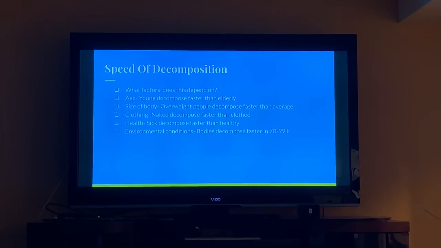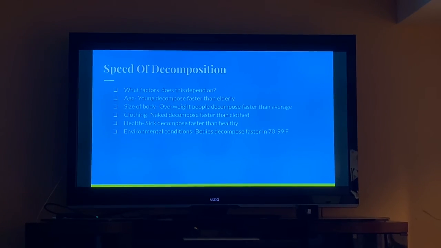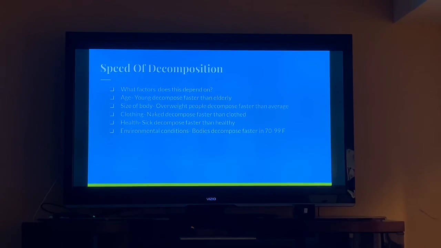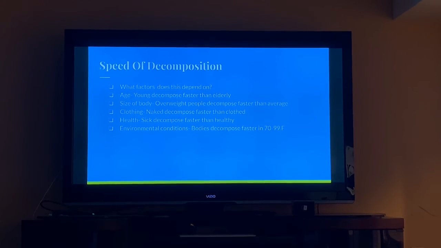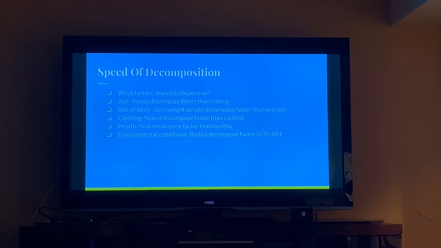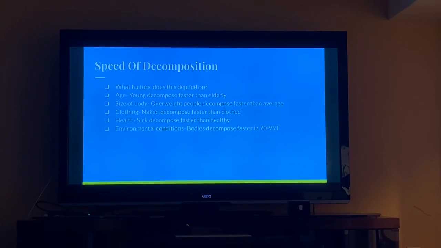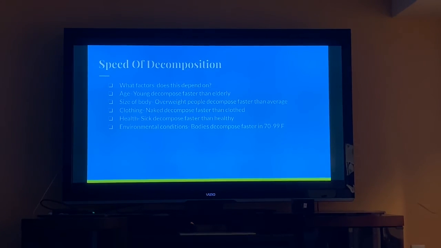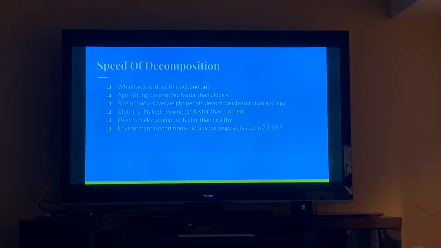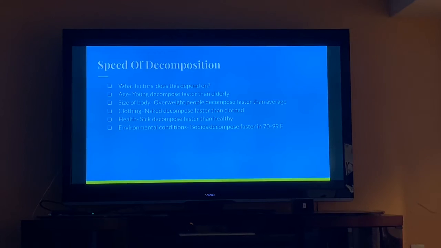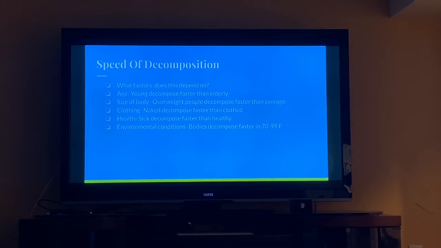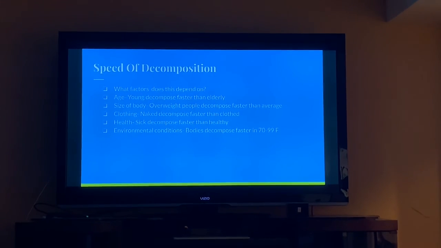Next, we have clothing. And naked decompose faster than clothed. Next, we have health, and the sick decompose faster than the healthy. Lastly, we have environmental conditions, and bodies decompose faster in 70 to 99 degrees Fahrenheit.